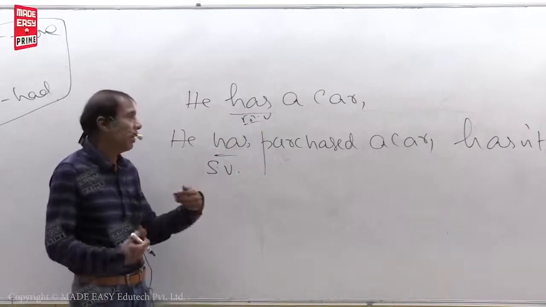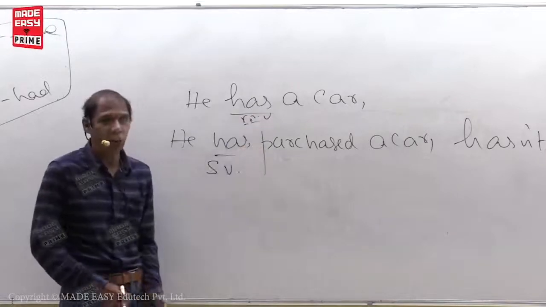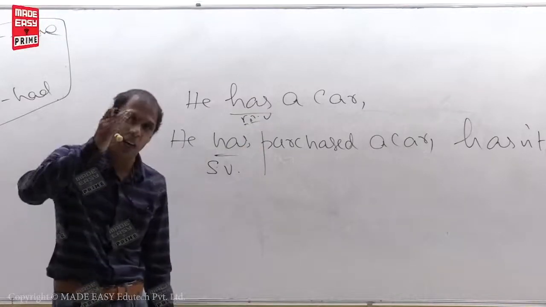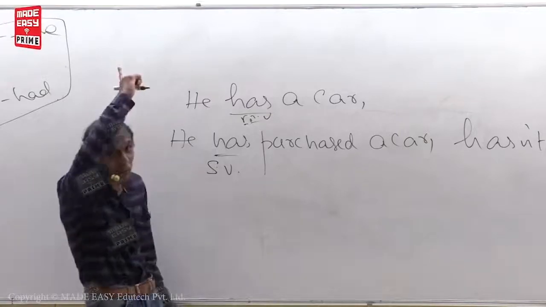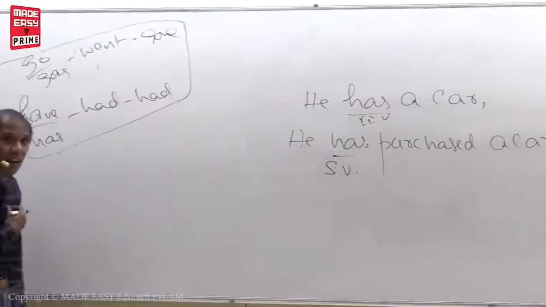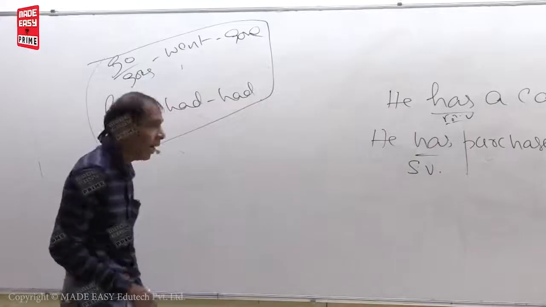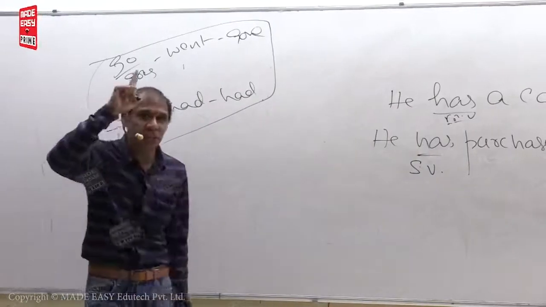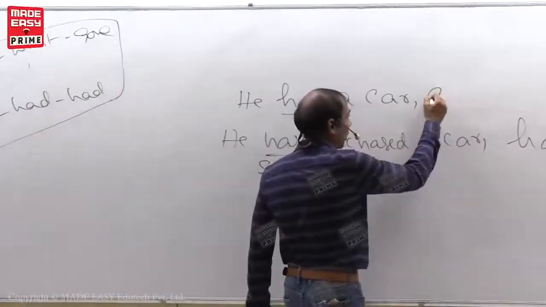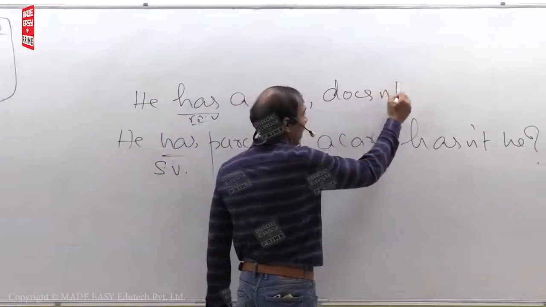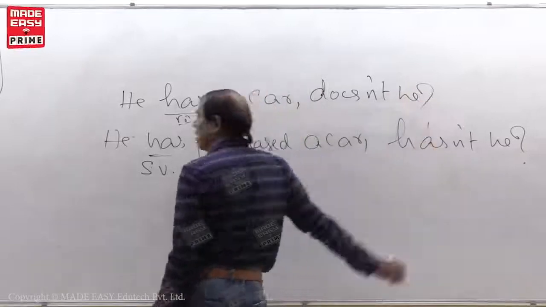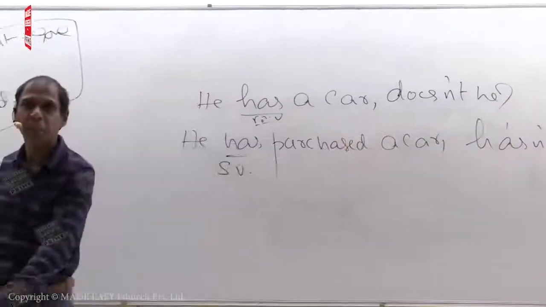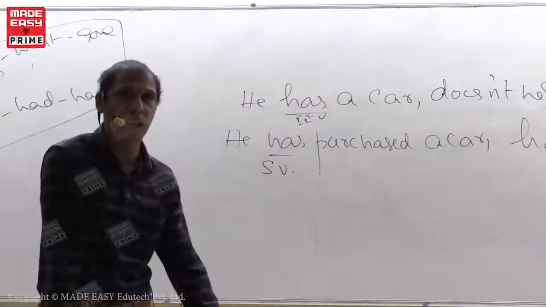It means when there is no special verb, what you have to do? Borrow do, does, or did. Go to the basic rule. How can we decide do, does, or did? Present tense with us, so you have to borrow does. Does not, short form, doesn't he. That's all. Very easy. See how it is here? Just try to understand.